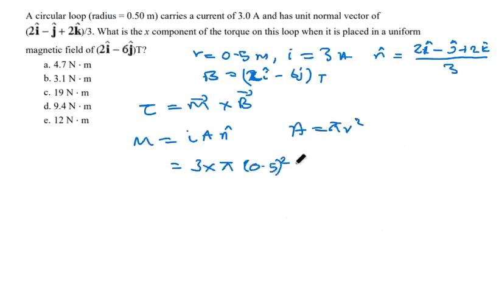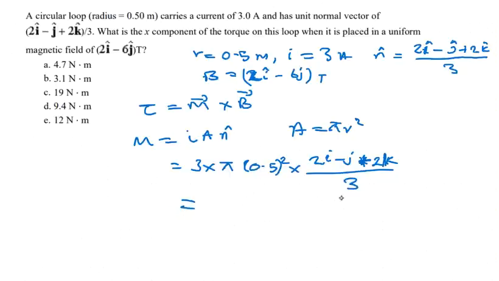So M is equal to 3 times pi times 0.5 squared, multiplied by the unit vector, which is (2i minus j plus 2k) divided by 3. Let's do some simplification here.